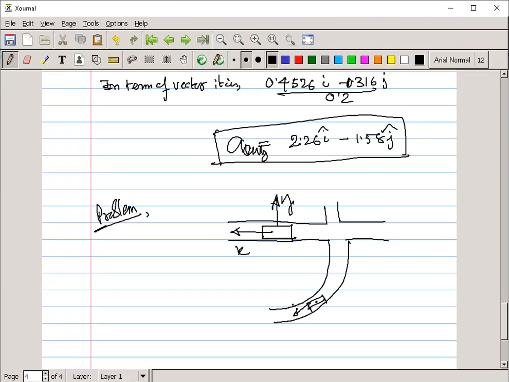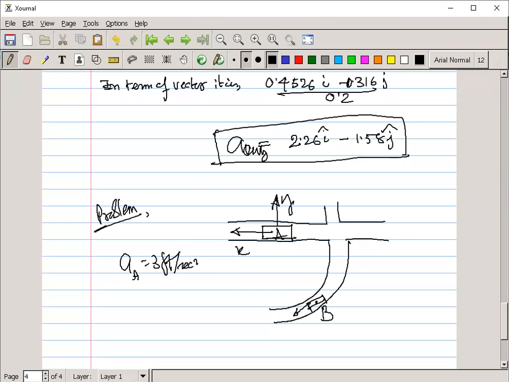First let me go through the problem so that you can understand. This is car A. Car A is accelerating in the direction of its motion at a rate of 3 feet per second square. Car B is rounding a curvature.